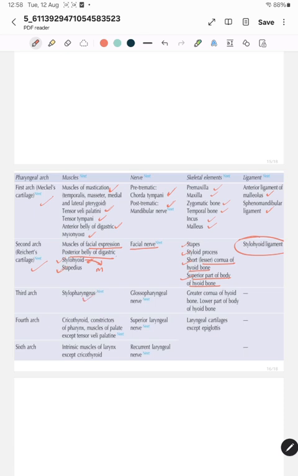Third arch, stylopharyngeus muscle supplied by glossopharyngeal nerve, greater cornu of hyoid bone, lower part of body of hyoid bone. Fourth arch, cricothyroid, constrictors of pharynx, muscles of palate except tensor veli palatini. Sixth arch, intrinsic muscles of larynx except cricothyroid, and the nerve is the recurrent laryngeal nerve. And the fourth and sixth arches give rise to laryngeal cartilages except epiglottis.